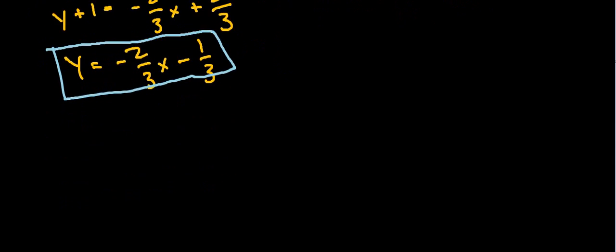The next problem I have is very similar to the one we just did, but there is an additional step. So let's find the line that passes through the points minus 1, 2, and 1, 3.